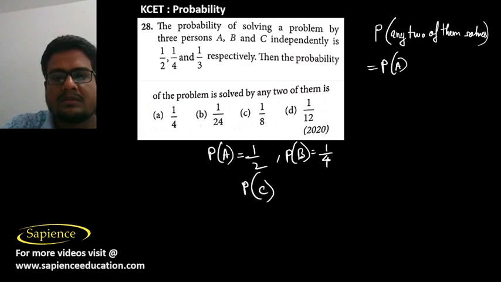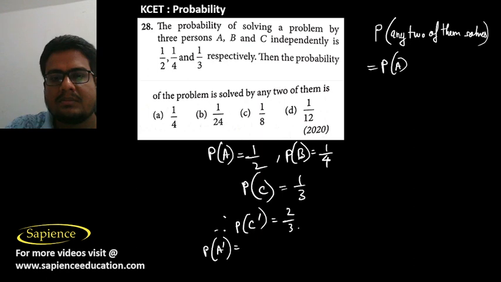And P of C is the probability of solving by the person C. So that is 1 by 3. So therefore, P of C complement will be equal to 2 by 3, and P of A complement will be equal to 1 by 2, and P of B complement will be equal to 3 by 4.